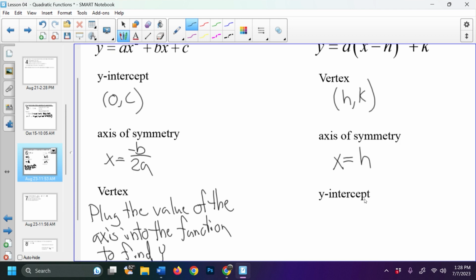Now, the y-intercept, if you remember, anytime a function crosses the y-axis, any point on the y-axis has an x value of 0. So to find the y-intercept, we will plug 0 in for x.